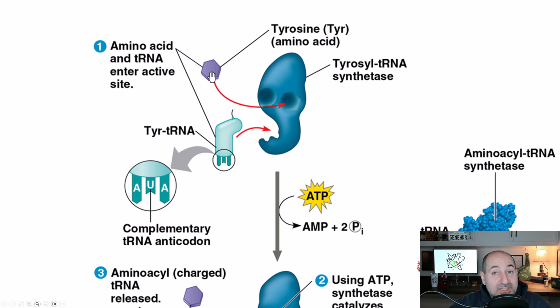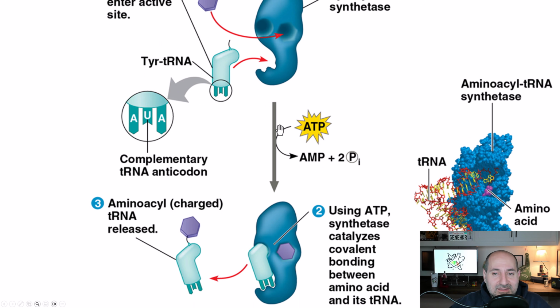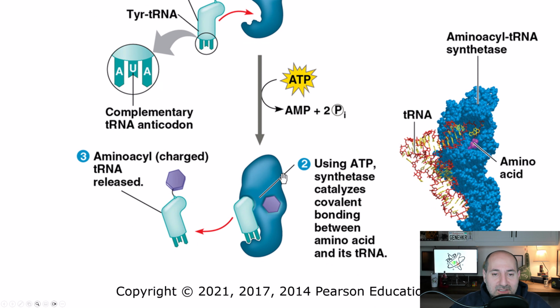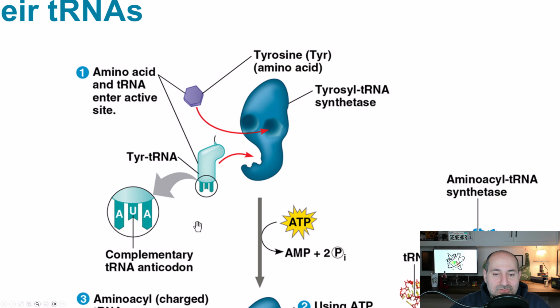It will grab the appropriate amino acid for that tRNA, and then it will use the power of ATP to charge that tRNA. So here you can see that the tRNA is charged. Again, if this tRNA has the anticodon AUA, it's going to be loaded with the correct amino acid for the codon UAU. Does that make sense? Which happens to be tyrosine in this case.